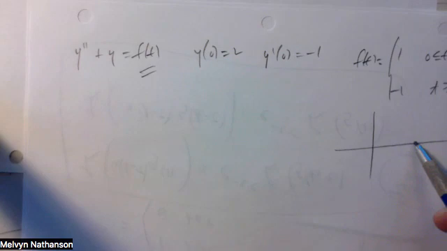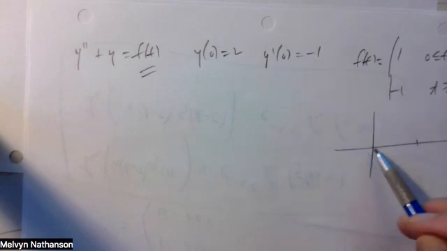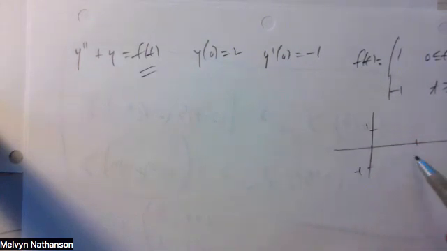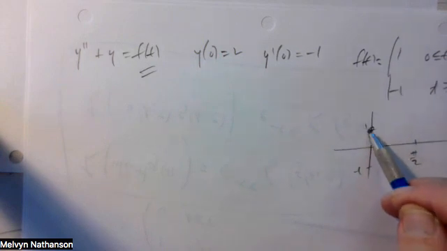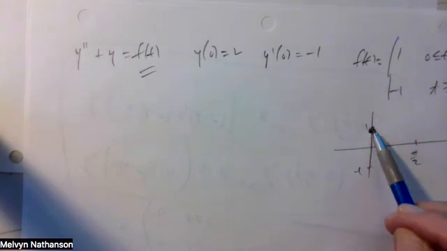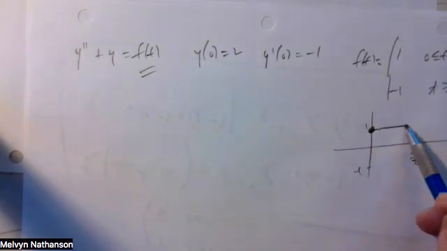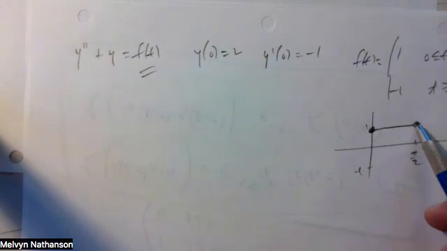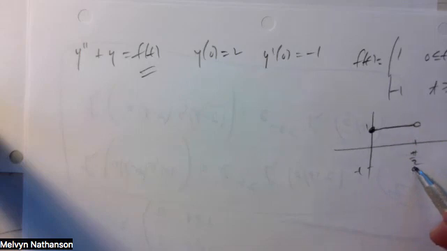So if we wanted to graph this function, for t between 0 and pi over 2, the function looks like this. It's 1 at 0, and then it's 1 until it gets to pi over 2. But at pi over 2, it jumps down to minus 1, and then it's minus 1 thereafter.